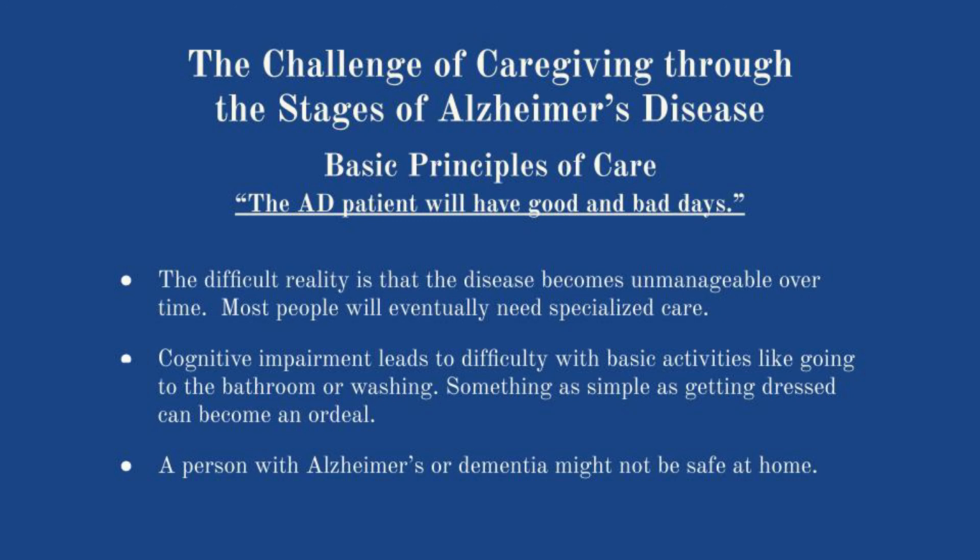So the difficult reality is that as the disease becomes unmanageable over time, most people will eventually need specialized care. This cognitive impairment leads to difficulty with basic activities like going to the bathroom or washing, and something as simple as getting dressed can become an ordeal. And sometimes a patient with Alzheimer's or dementia just might not be safe at home. They might actually be safer in a long-term care facility.